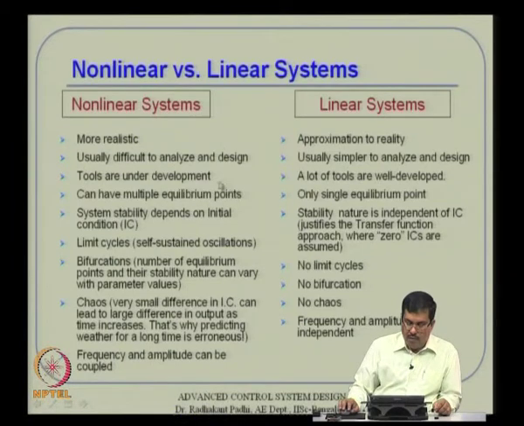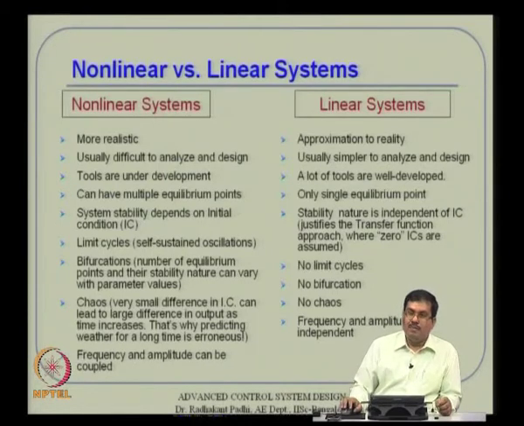Anyway, next is the system stability nature. Not only do they have multiple equilibrium points, but the system stability nature can depend on the initial condition as well, where you start with, whether your system trajectory will remain stable after the starting point or not. That is also a concern for nonlinear systems, where that really does not happen for linear systems. That is a very great behavior of linear systems, which tells us that stability nature of the linear system is independent of initial condition, and that probably justifies the transfer function approach, where we typically assume 0 initial conditions everywhere, when we start with a differential equation and then proceed to the Laplace transform.